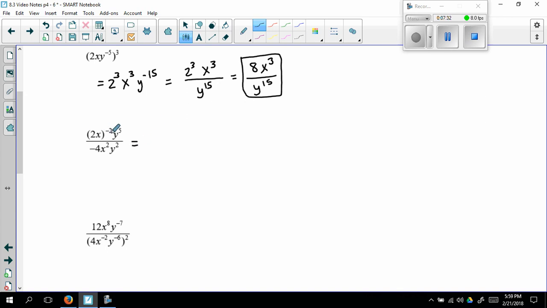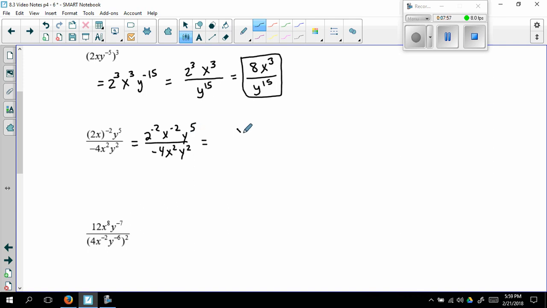Okay, let's try the next one. Again, I see parentheses. I see lots of exponents. So I'm going to go ahead and do the exponent part, and then I'm going to just write everything else out. Now I like to deal with the negatives. These are negative exponents, so these terms are going to end up down in the denominator, but positive.